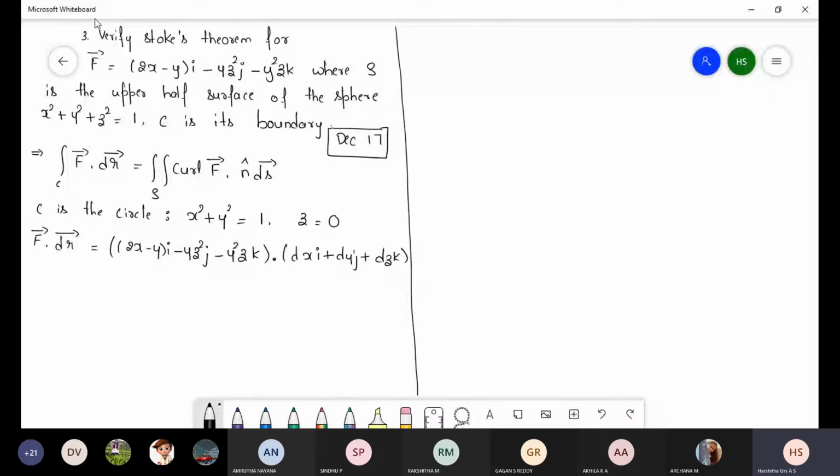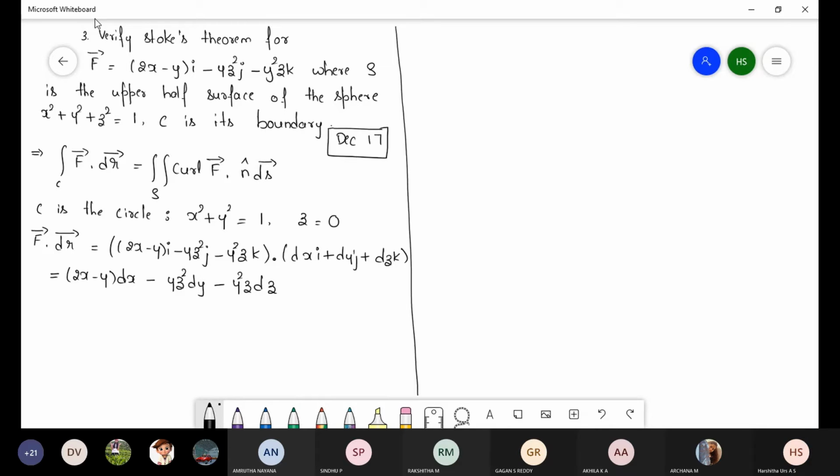Now we solve the further step using the dot product. So (2x minus y) i dot i is 1 into dx, minus yz squared into dy, j dot j is 1, minus y squared z, k dot k is 1, into dz. This is our vector F dot vector dr.